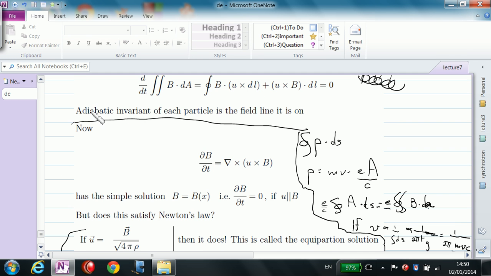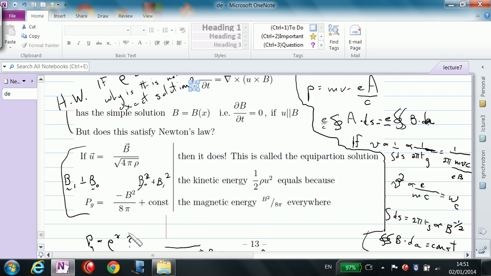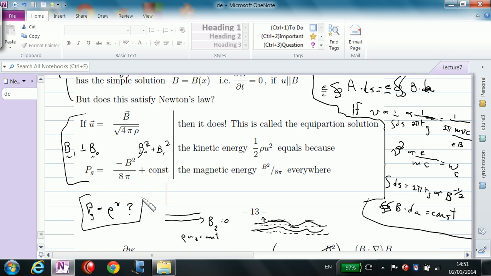For homework, if rho can vary, why is this not an exact solution? And by exact solution, I mean that you have to satisfy this as well.